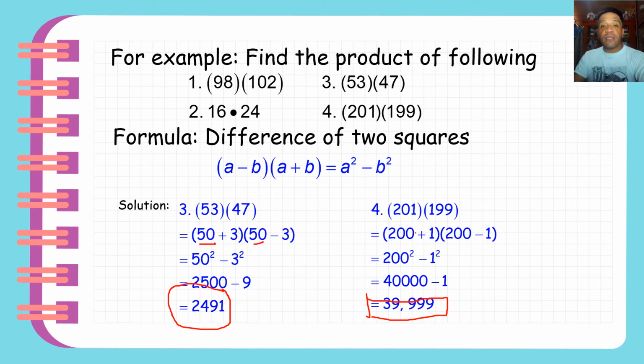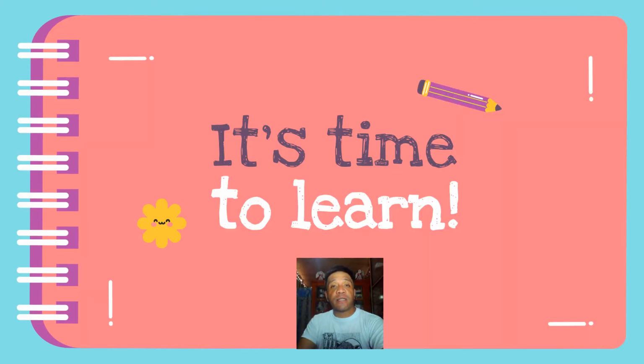In this situation, you must be knowledgeable in how to get the square of numbers, so you have to familiarize yourself with everything here. Okay, so we're done with the examples. Now it's time for you to learn, and I will give you some exercises so that you can apply what we have discussed a while ago.